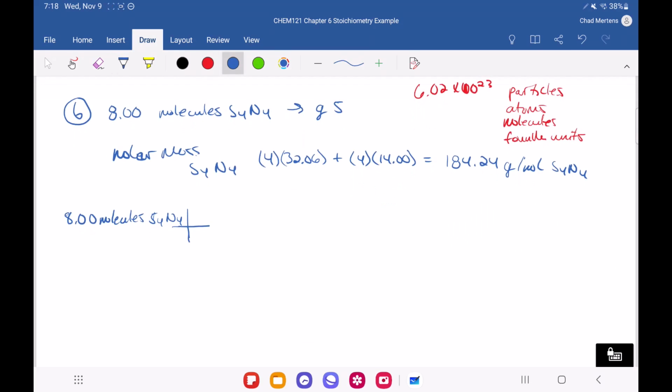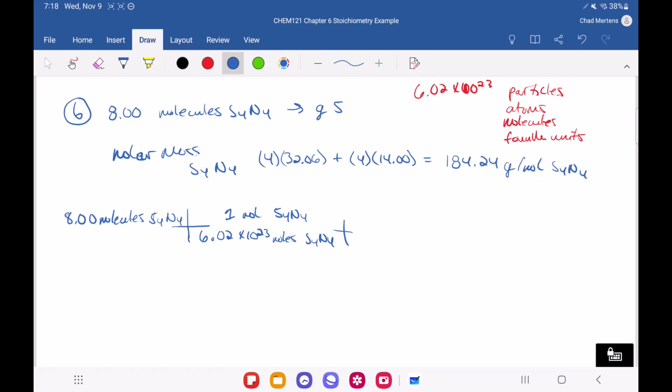So we use 6.02 times 10 to the 23rd molecules of S4N4, and that would equal 1 mole of S4N4.